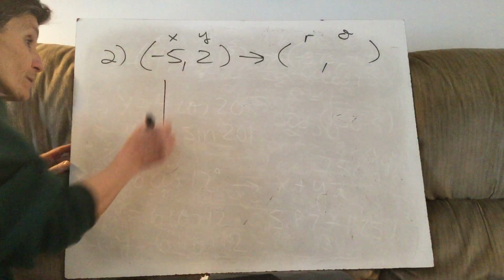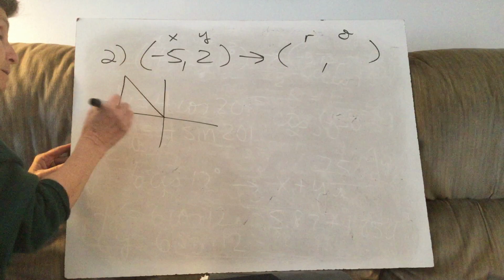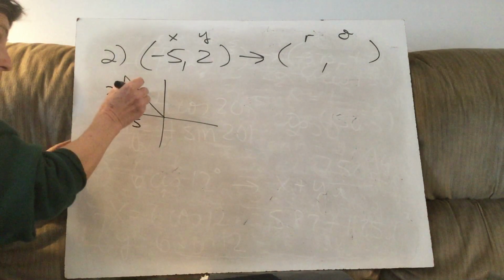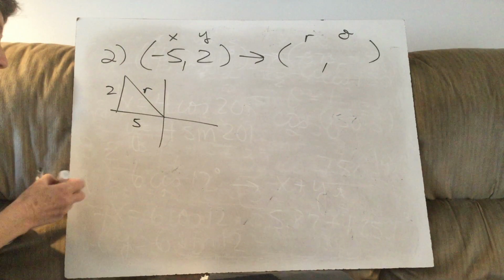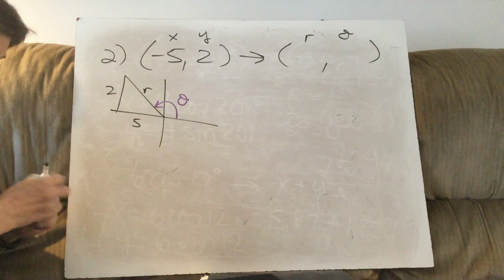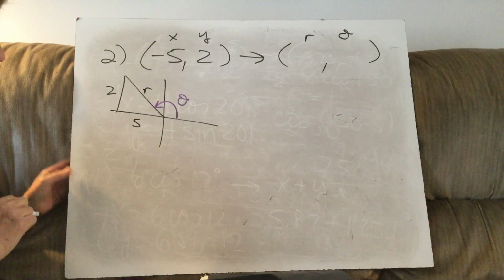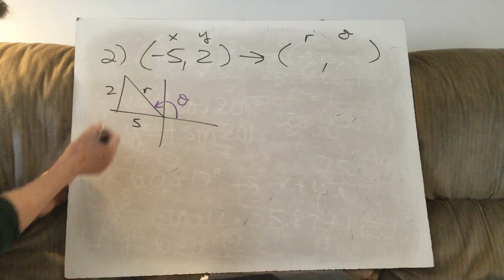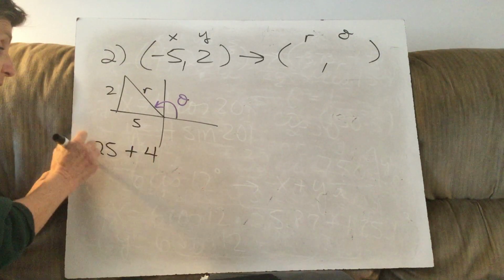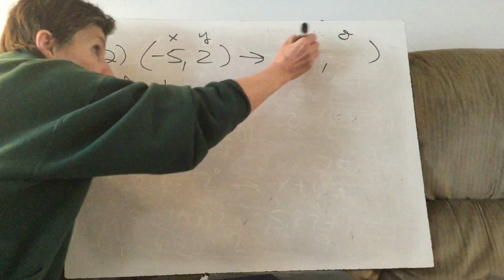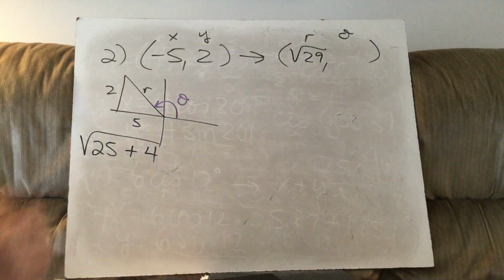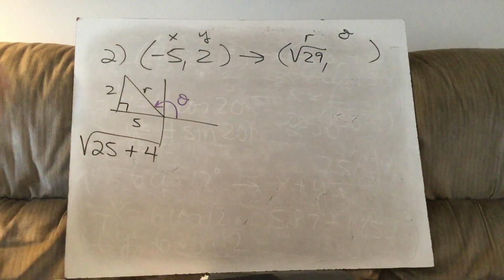I'm going to draw a picture of this. Over 5, up 2, and I'm going to find r, and I'm going to find theta. So to find r, I'll square the first one, square the second one, add them together, and take the square root. So r is root 29. Just do the Pythagorean theorem.